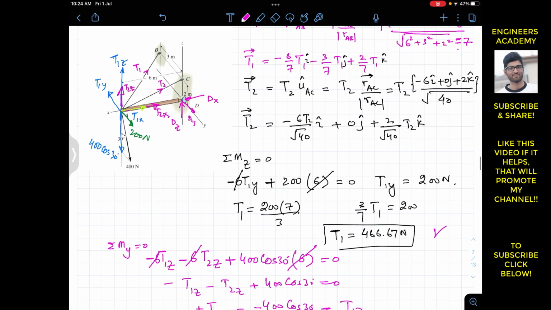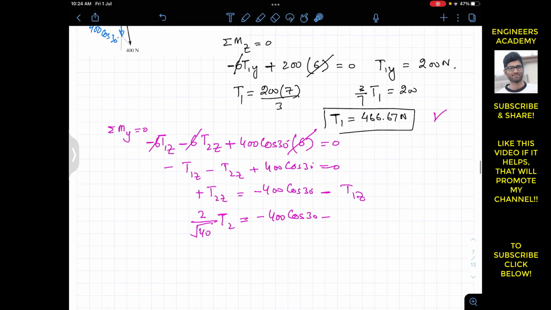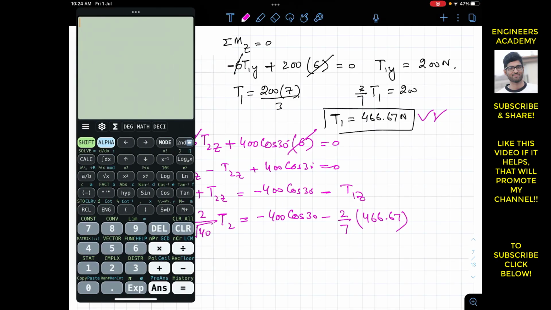Now T1z is 2 divided by 7 T1. So we can replace this T1z by 2 divided by 7 T1, and we know the T1 magnitude, which is 466.67. So let's find the right hand side of this equation.